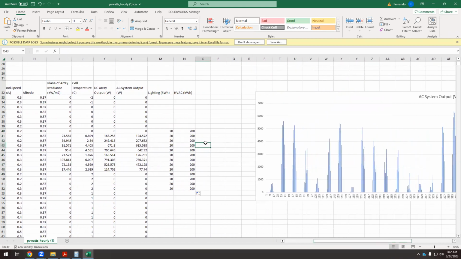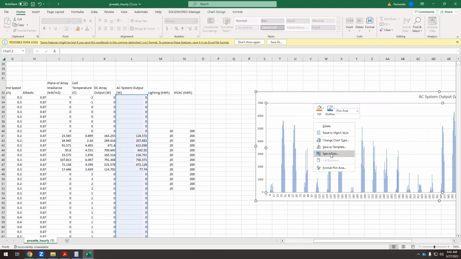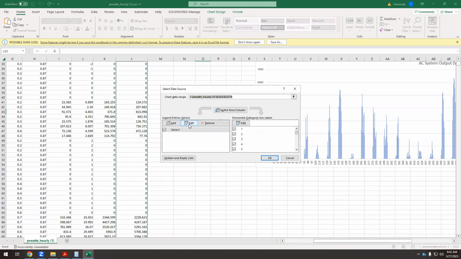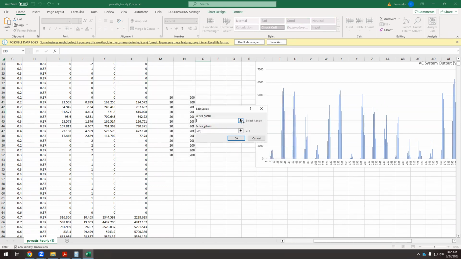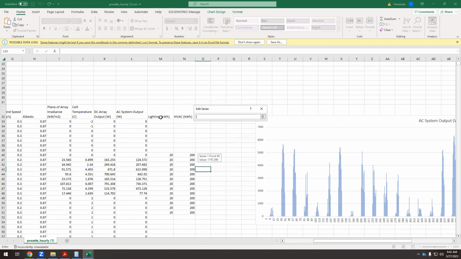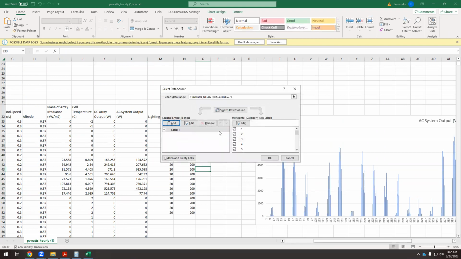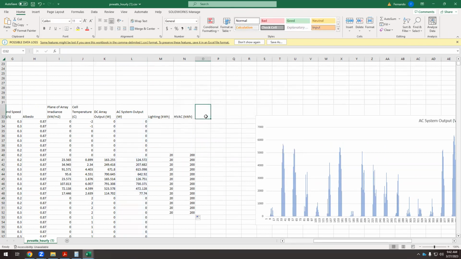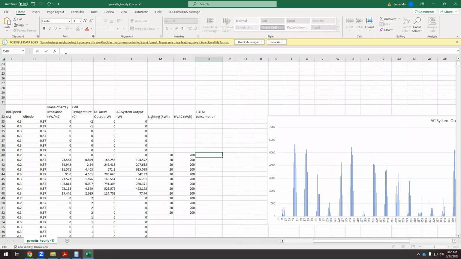So if I'm doing this on January the 1st, if I select data and I add one more series... So now I need the total consumption. So for the total consumption, I have to add this up. I have this plus that.